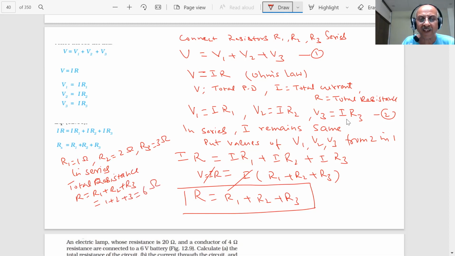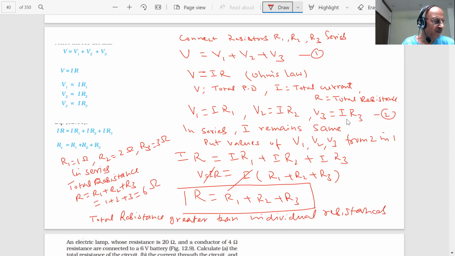So this value is greater than R1, R2 or R3. Okay? So the total resistance is greater than the individual resistances. Clear?